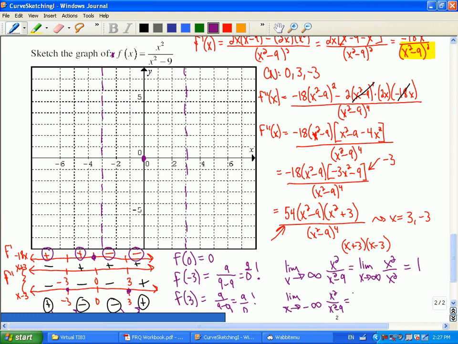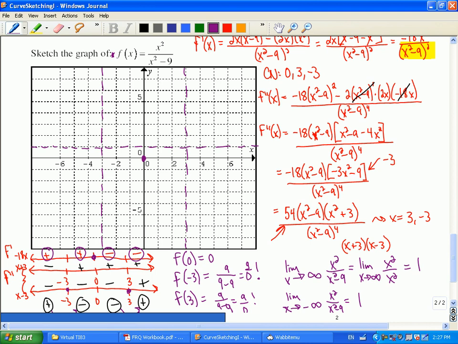Whatever negative number went in gets squared, becomes positive. It's also a 1. Okay. And if you're not confident at this point with the way the graph is going to look, then plot some more points. This is the bare minimum to help you sketch the curve. Anything extra is obviously going to be helpful if you need it.